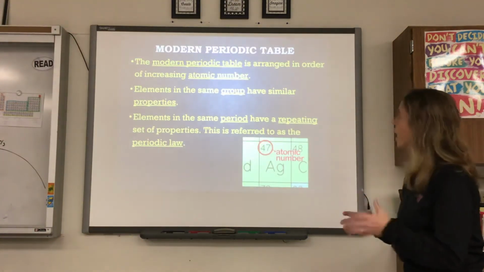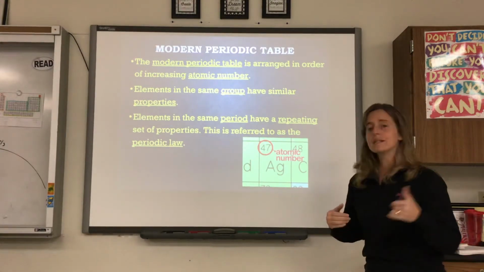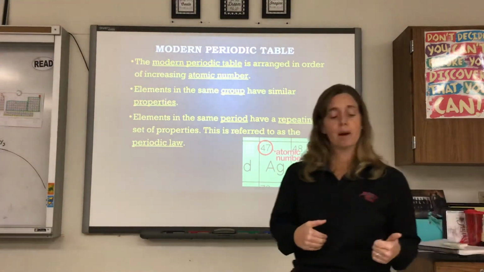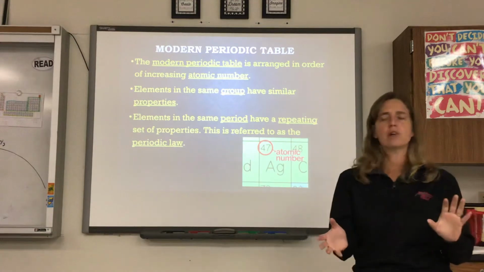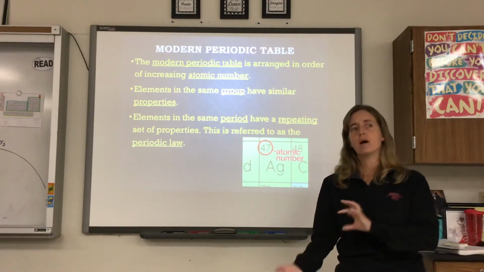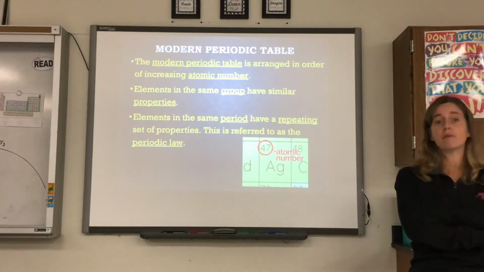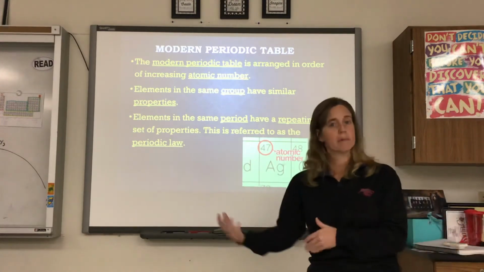Now, the modern table that we see today is arranged by atomic number. How did that change? Why did it flip from atomic mass, which Mendeleev originally used, to atomic number?